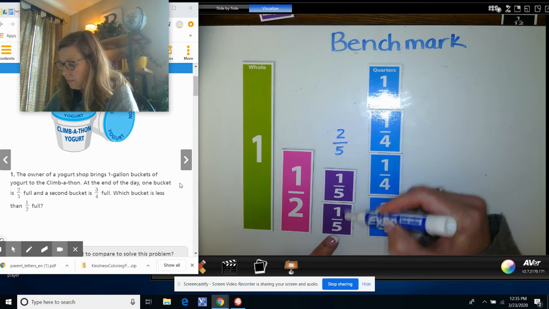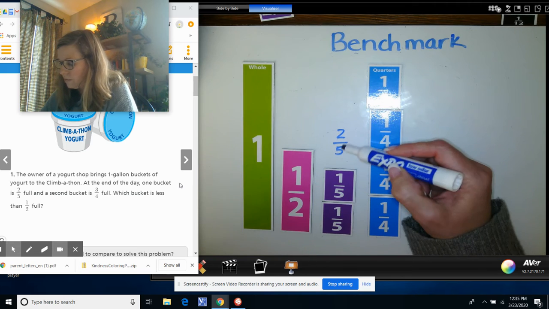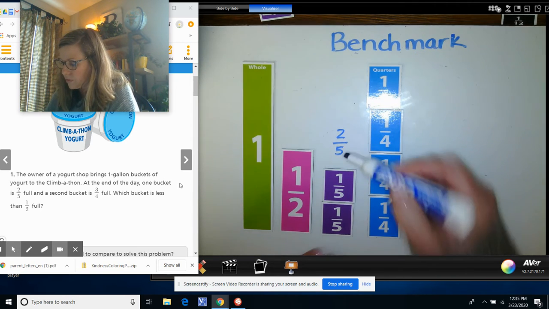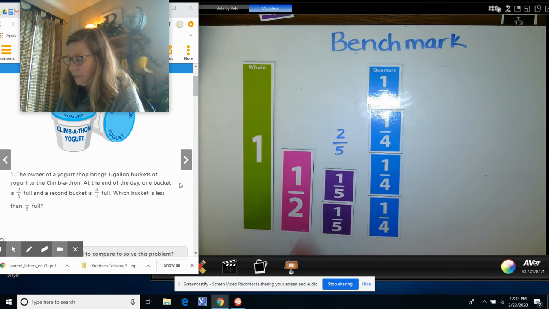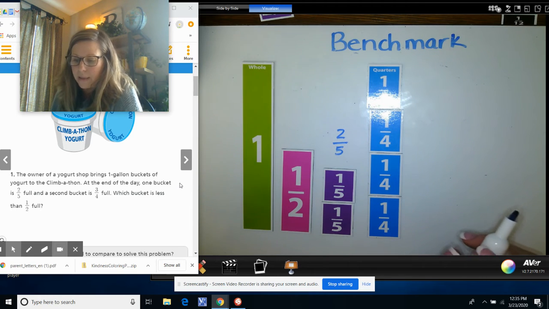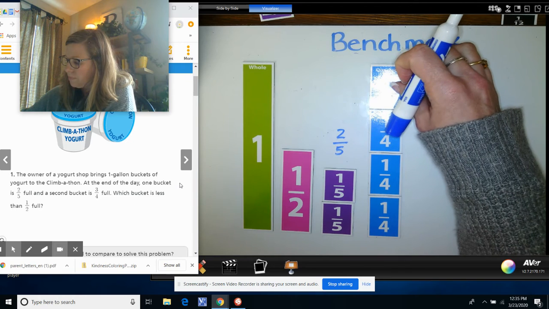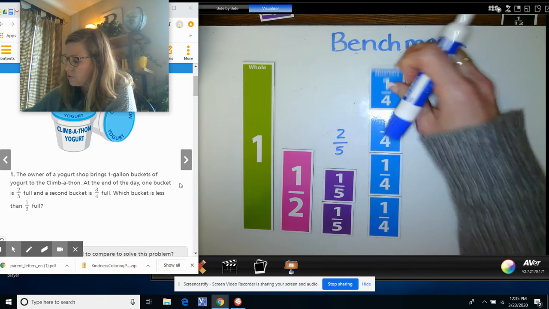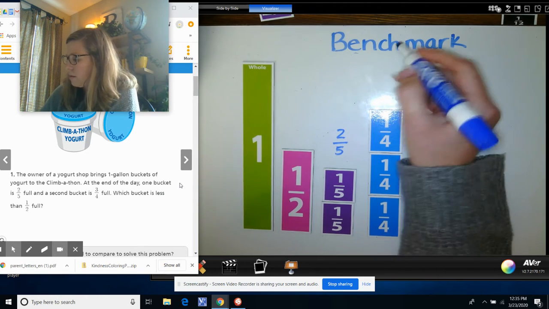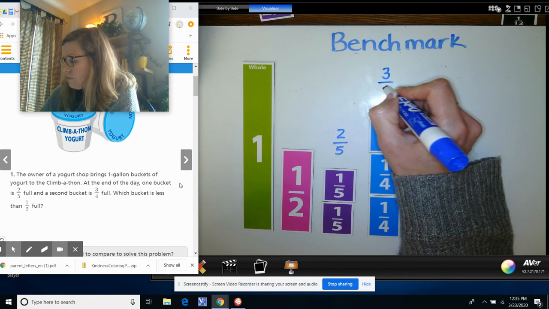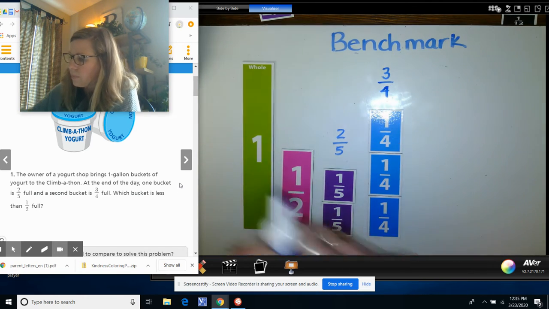Okay, 2 being the parts out of the whole of 5. So 2/5. Okay. And we know the other bucket, that second bucket, is 3/4 full. Well, here's your whole, 4 fourths, and then I'm going to take 1 away and represent it with the fraction 3/4.